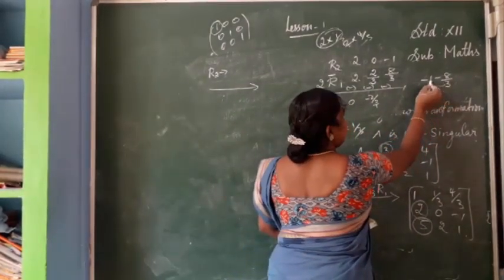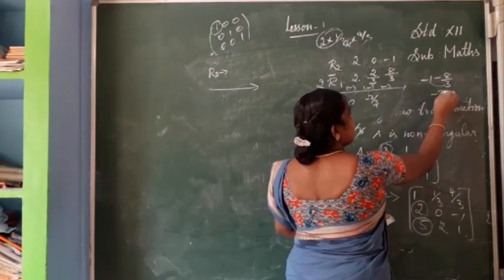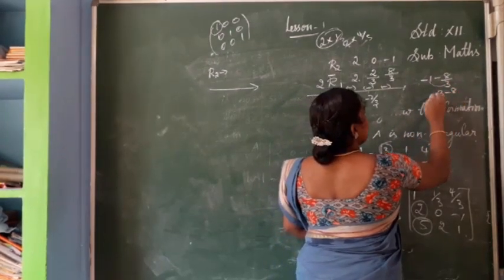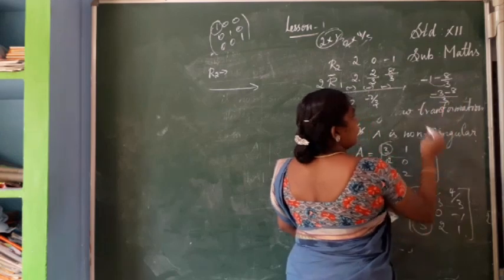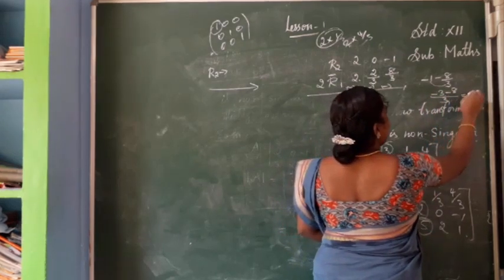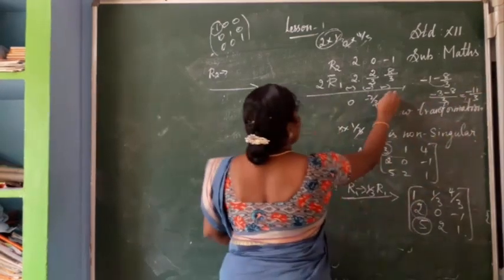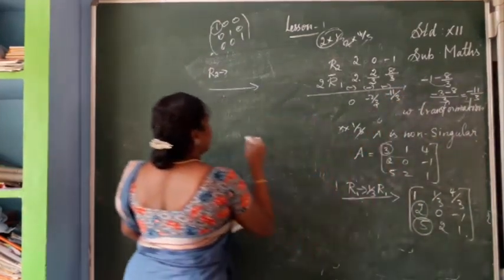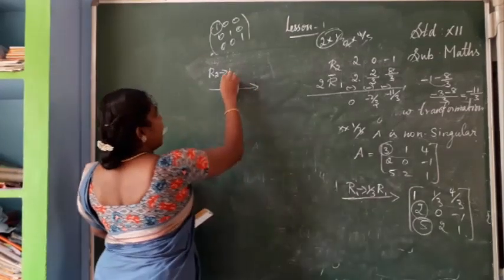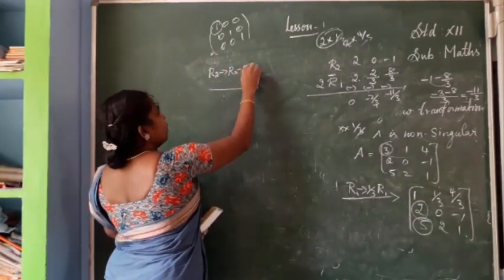This 3 multiplies with minus 1, that is minus 3. Then minus 8 by 3. Minus 3 minus 8, both are minus, so put minus. 3 plus 8 is 11, so minus 11 by 3. So R2 becomes R2 minus 2R1.